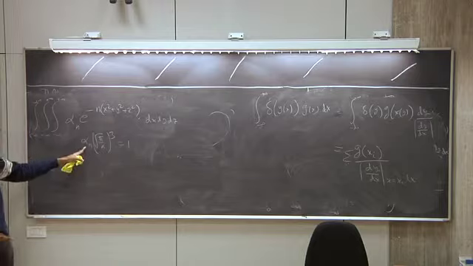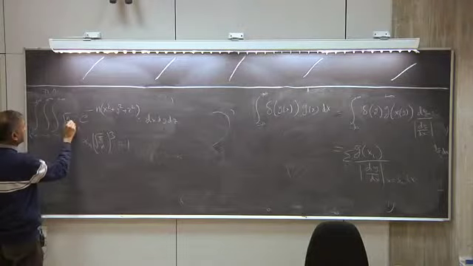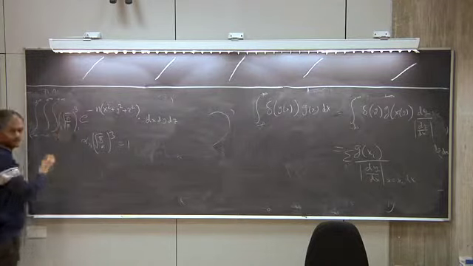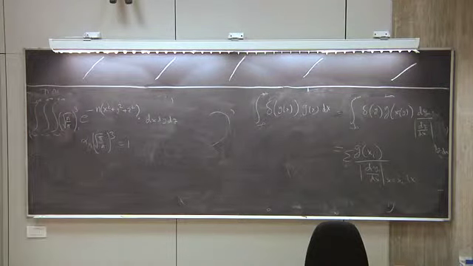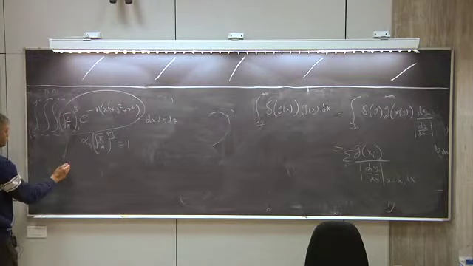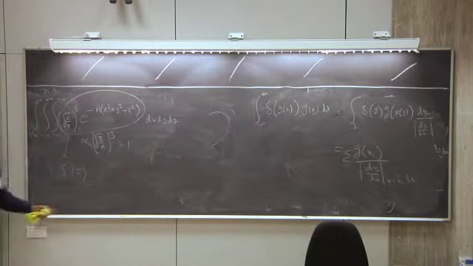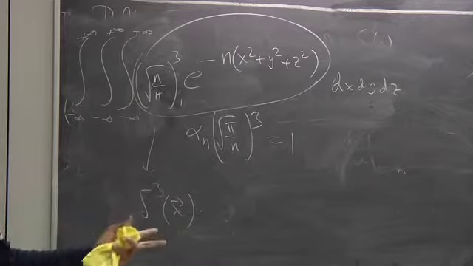So that tells me what alpha n is: it should simply be root n by pi cubed. So this sequence of functions will define what we usually denote by delta 3 of x minus y, the product of three delta functions basically.